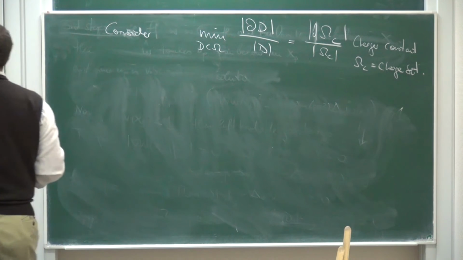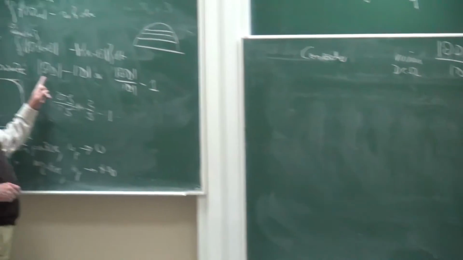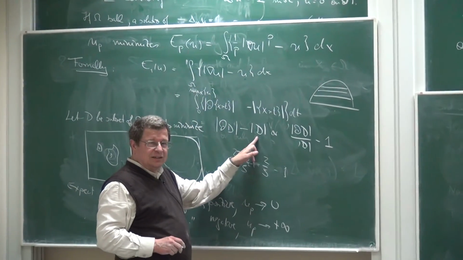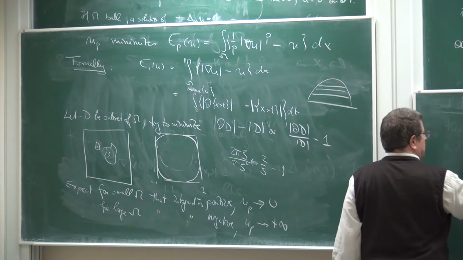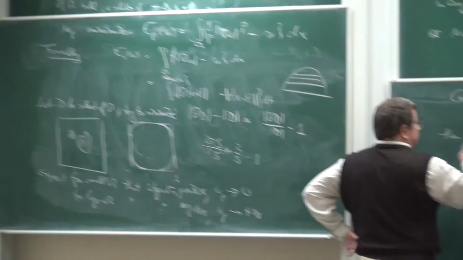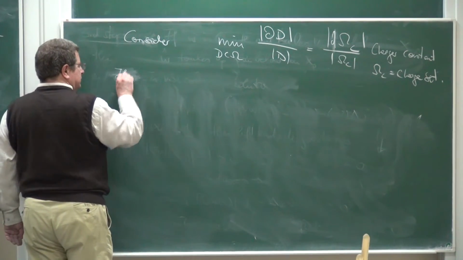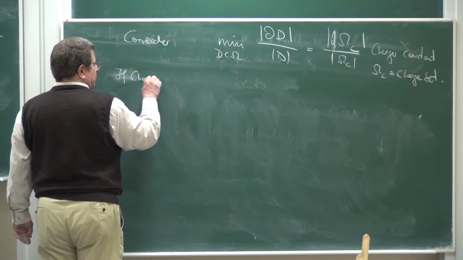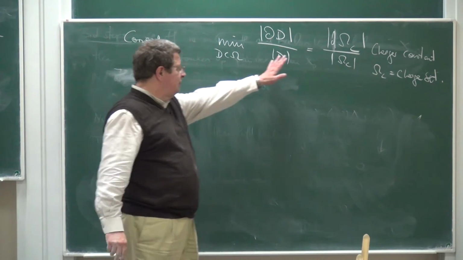Now, if the Giga constant happens to be equal to 1, then this is equal to that. The integrand is 0.